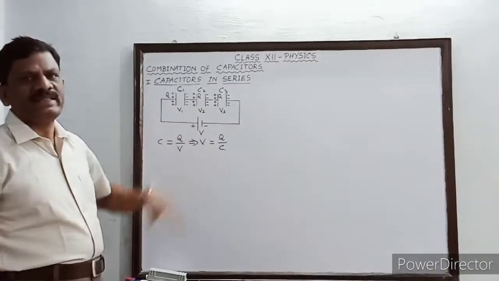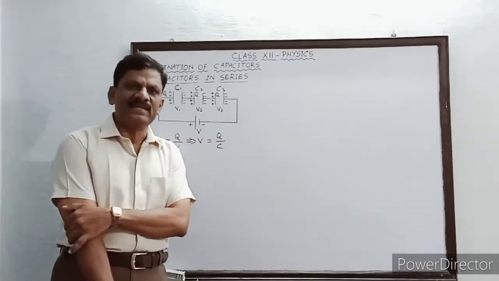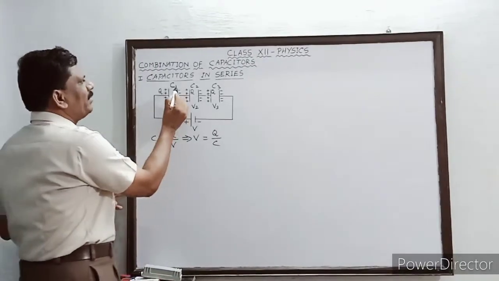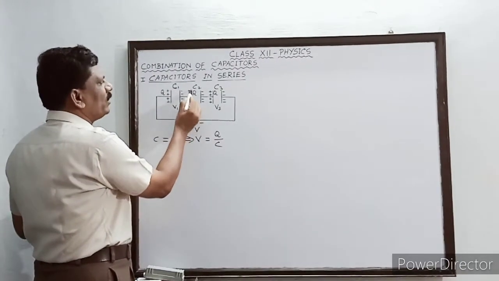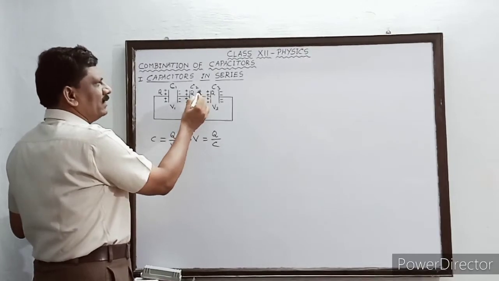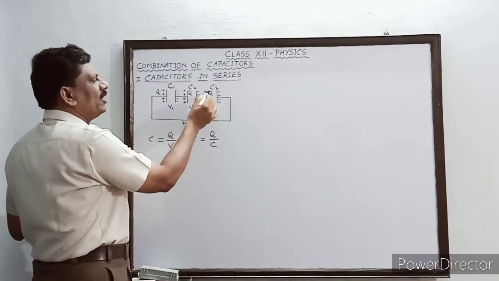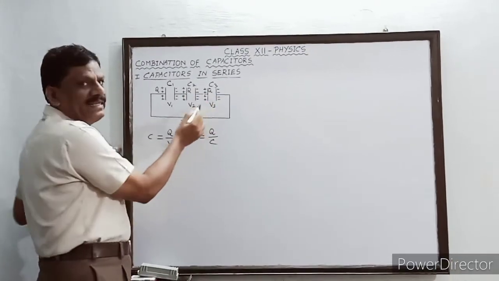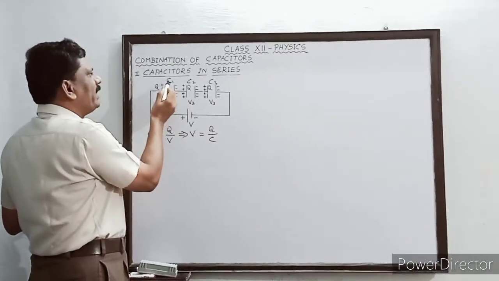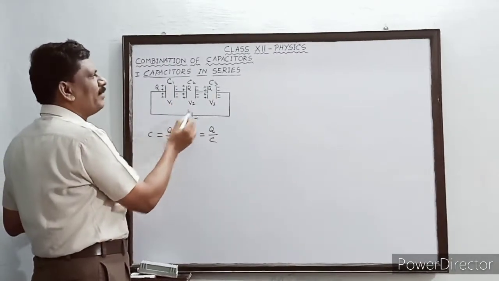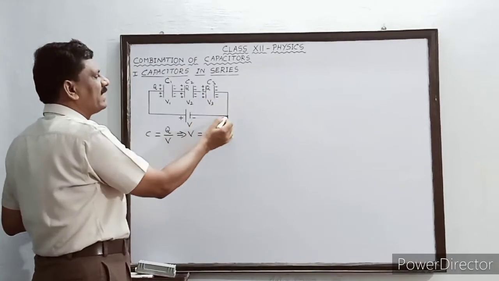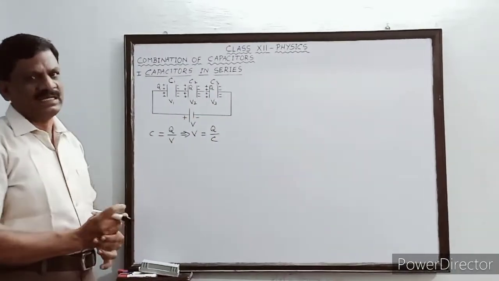Now, when do you say three capacitors are connected in series? When the right side plate of C1 is connected to the left side plate of C2, then the right side plate of C2 is connected to the left side plate of C3, and the left side plate of C1 is connected to the positive of the battery. The right side plate of C3 is connected to the negative of the battery.